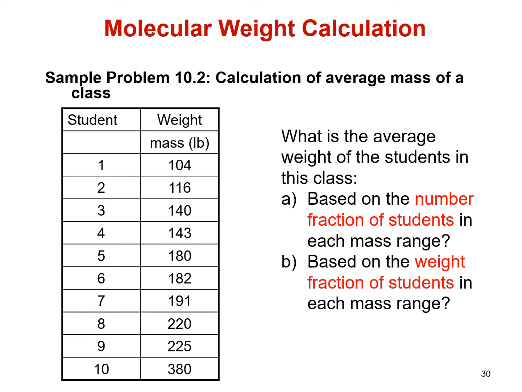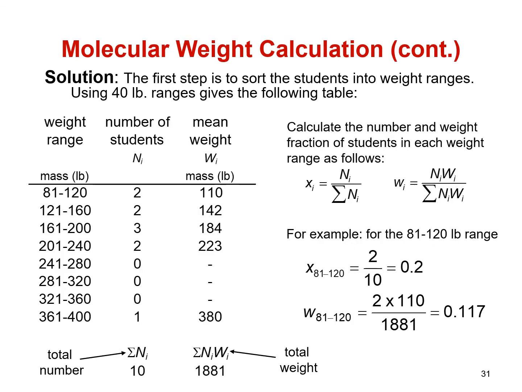A, based on the number fraction of students in each mass range, and B, based on the weight fraction of students in each mass range. So before we can answer the question, we need to further characterize and divide the range of weight for the 10 students into different classes. It is shown in this slide.